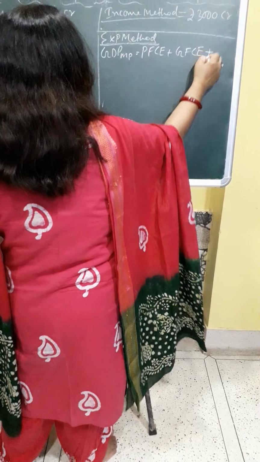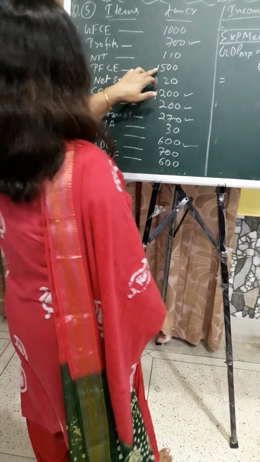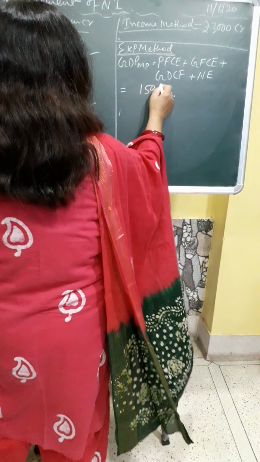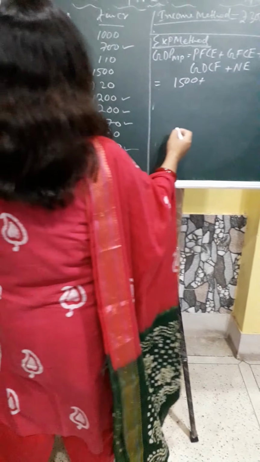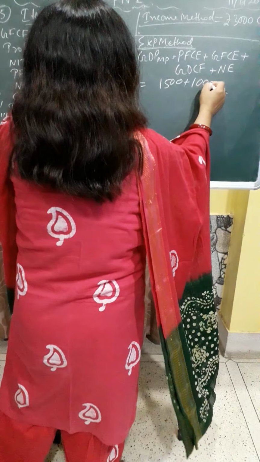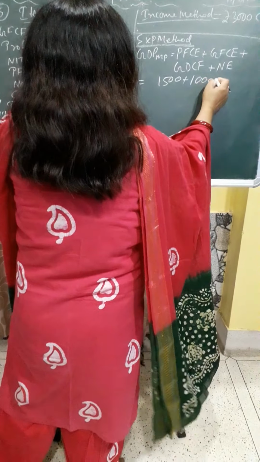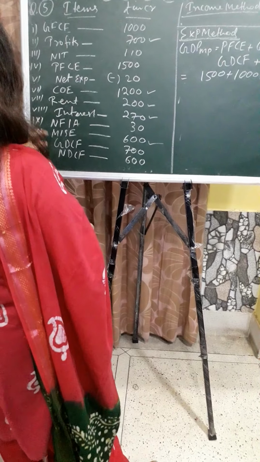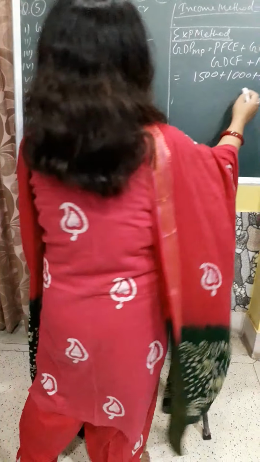So put the values. Private final consumption expenditure 1500 plus government final consumption expenditure 1000 plus GDCF 700 plus net export, which is minus 20.